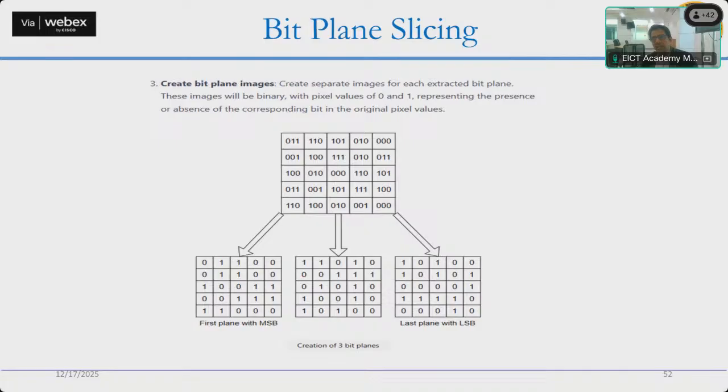So can you tell how many bit planes are possible? Maximum bit planes possible in any image, can you guess? 8.